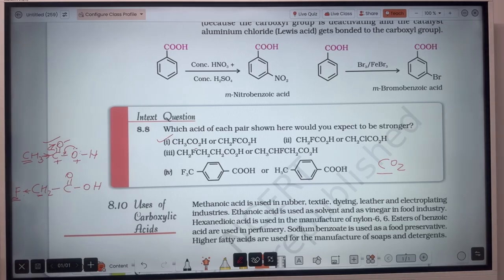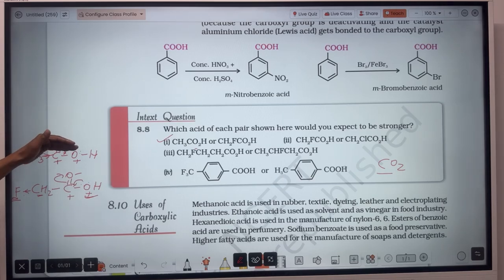So fluorine will attract the electron towards itself. Same phenomenon here: oxygen will attract the electron and acquire a negative charge. This carbon will acquire a positive charge. Same here, the lone pair of electrons on the oxygen will come here for double bond formation. So there will be a positive charge here.